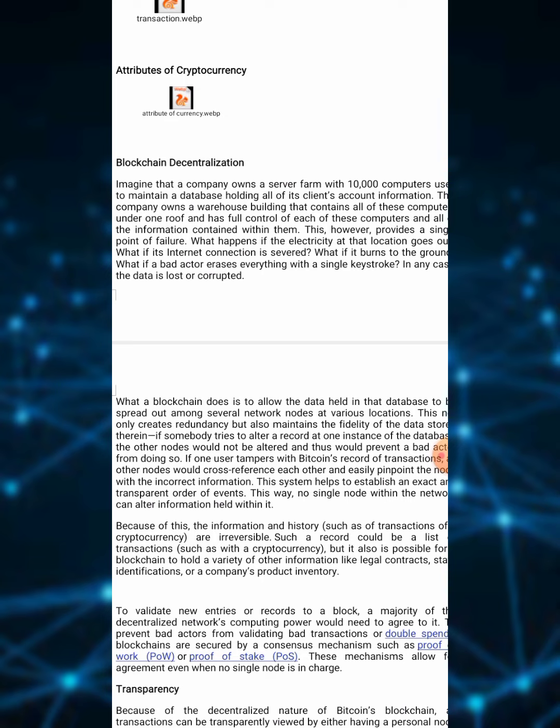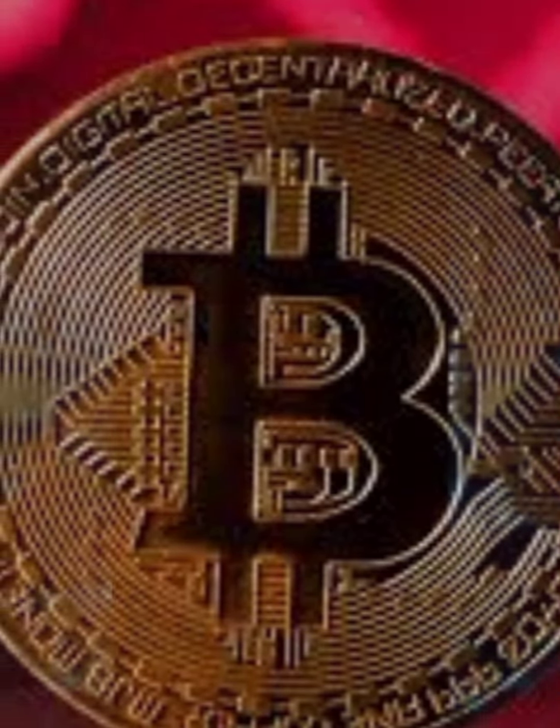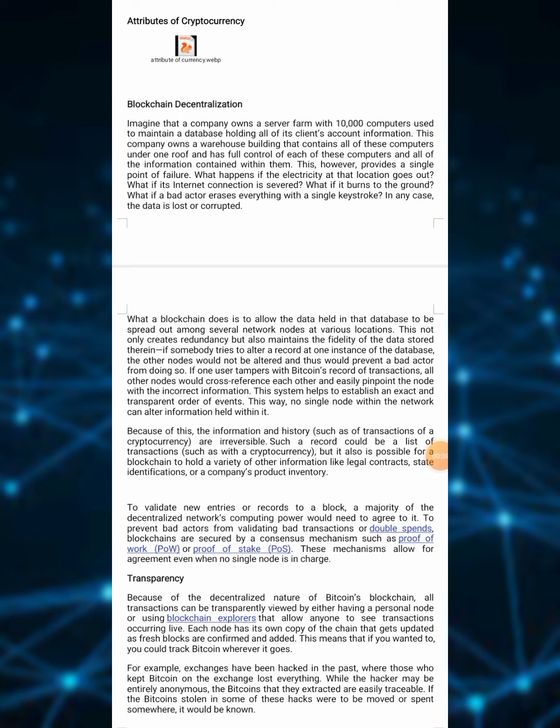If one user tampers with a Bitcoin transaction record, for example, other nodes would cross-reference each other and easily pinpoint the node with the incorrect information. This system helps to establish an exact and transparent order of events. In this way, no single node within the network can alter the information held within.